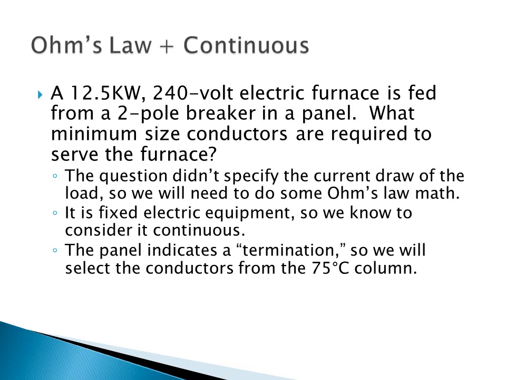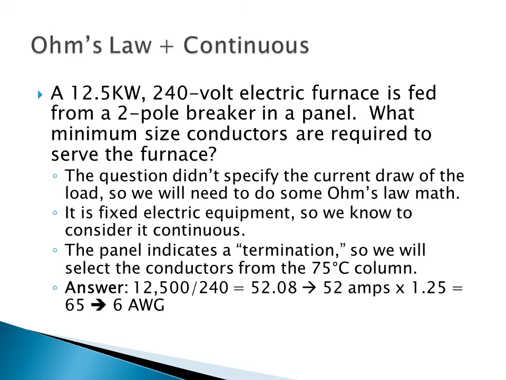They really make you extrapolate information that you're going to have to tie the codes to. So here's the math. 12,500 watts divided by 240 volts. So we have P over E equals I, and that's 52.08, which is basically 52 amps. Continuous load is 65. In the 75-degree column will be 6 gauge.